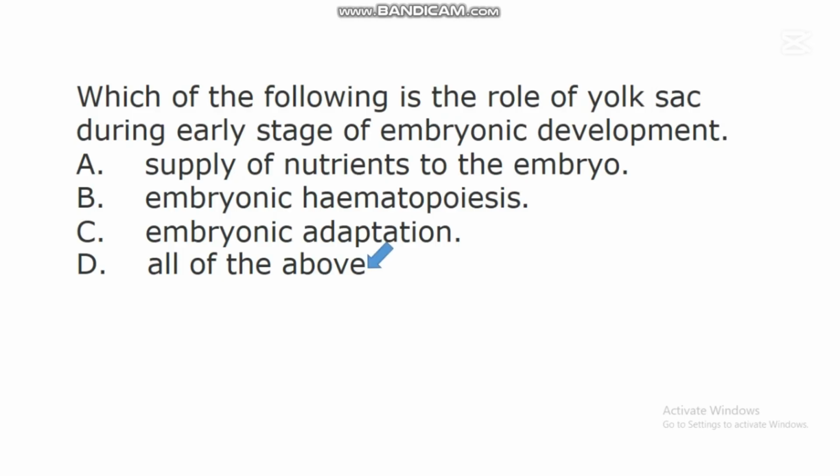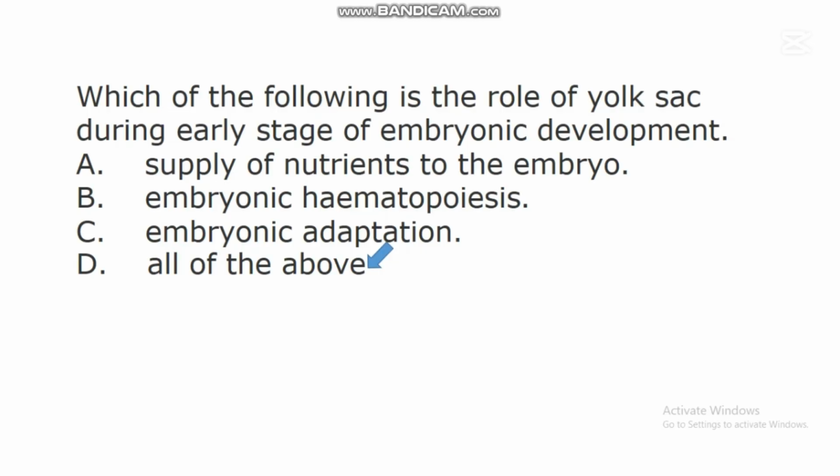All of the above. This membrane called yolk sac supplies nutrients to the embryo. Studies have shown that this extra-embryonic membrane plays a great role in embryonic hematopoiesis. Hematopoiesis is a process that deals with production of blood cells. So this yolk sac is the origin of blood cells in the embryo.